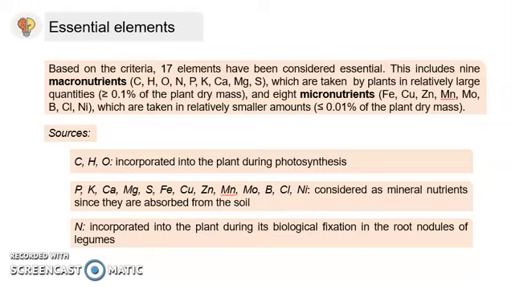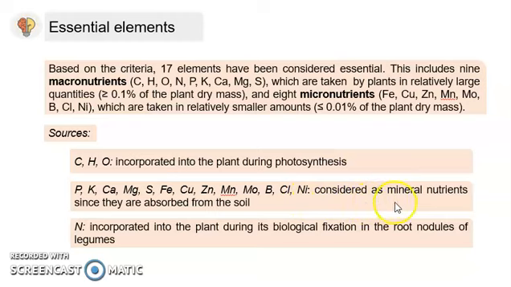Most of the essential elements, the source is soil. We have what we call mineral nutrients. The mineral nutrients are phosphorus, calcium, potassium, magnesium, sulfur, iron, copper, zinc, manganese, molybdenum, boron, chlorine, and nickel.